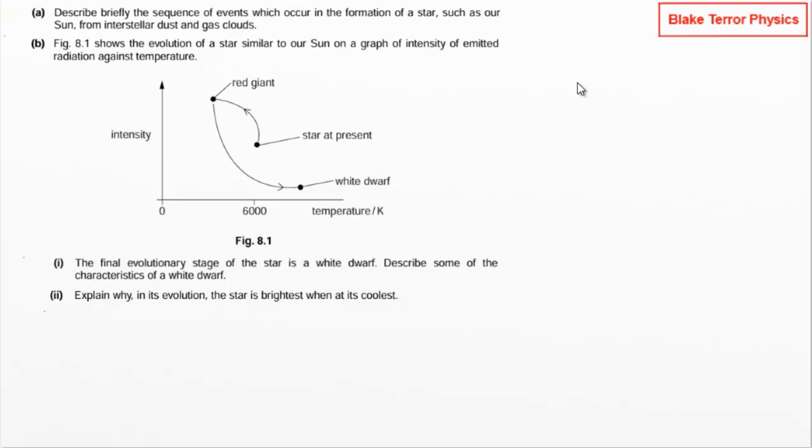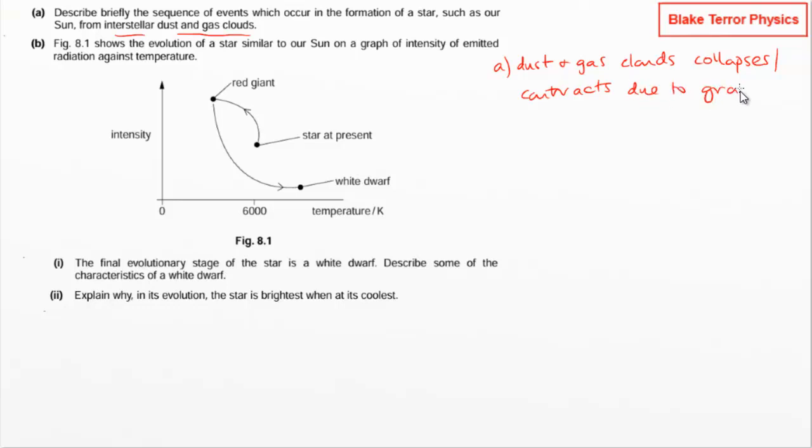So what are we going to say with all of this then? We start from interstellar dust and gas clouds. So we can say that the dust and gas cloud, or clouds as they've put it, collapses, or you could say contracts, either one of them, due to gravity.